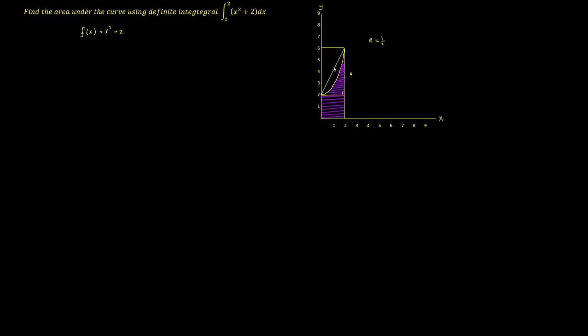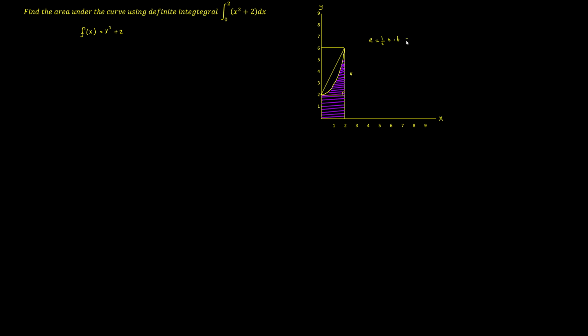If we want to find just this triangle area, we divide the total area of the rectangle by 2, and then multiply by the base of just this triangle, and then we multiply by its height. So the rule is this.